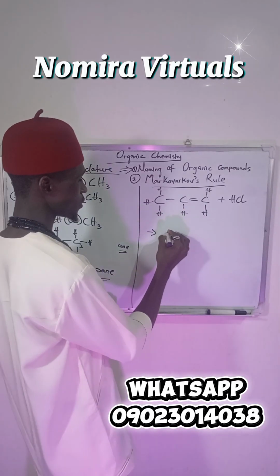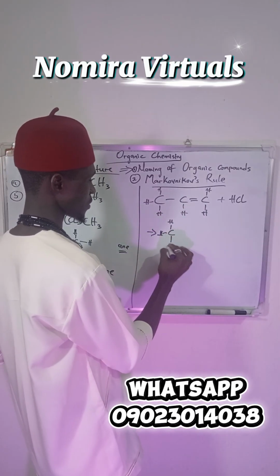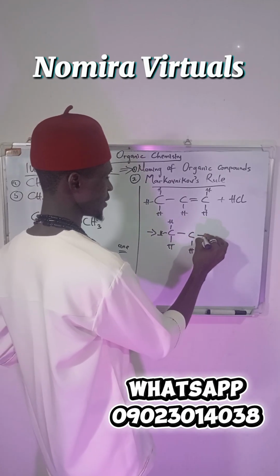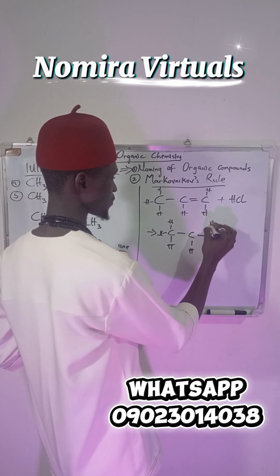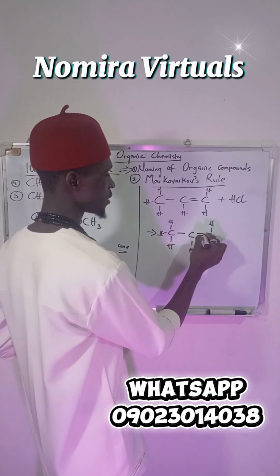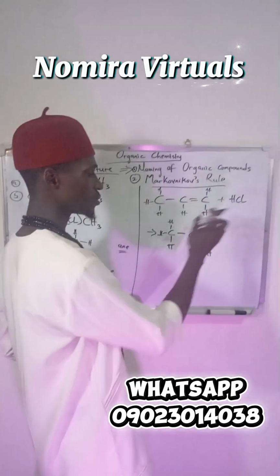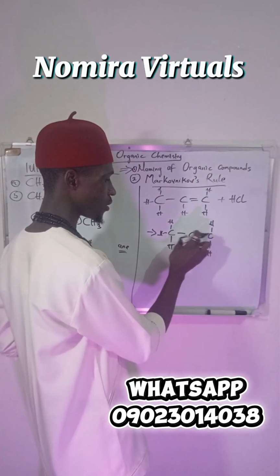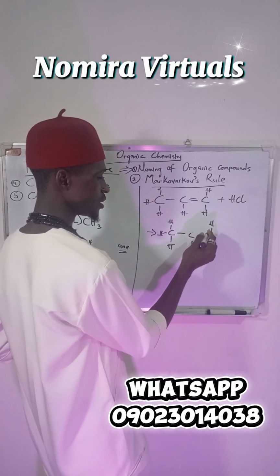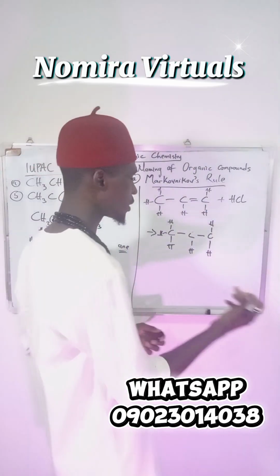So we will have this, and then this, and then so if we still have double bond here, this hydrogen will come and break one of these pi bonds, and then the hydrogen will be given to the particular carbon that has more hydrogen.